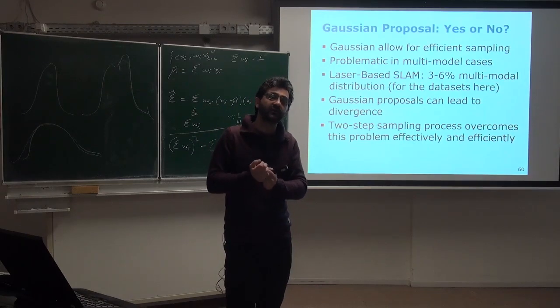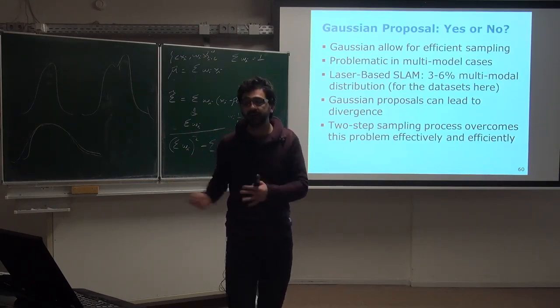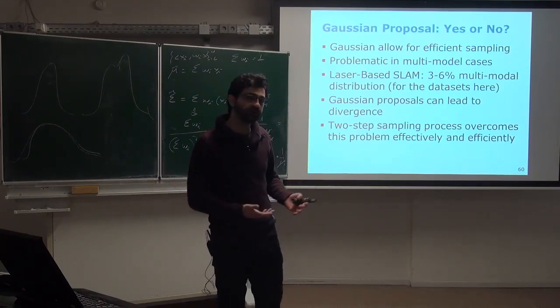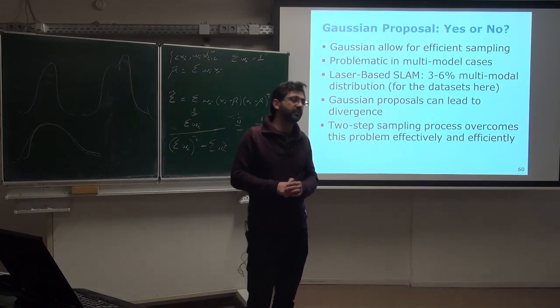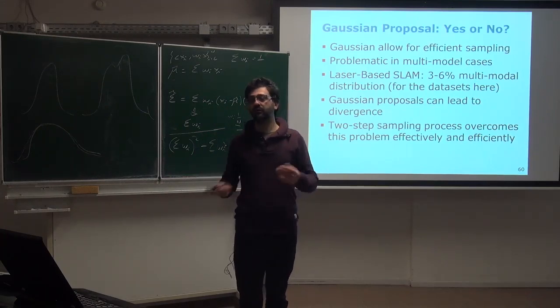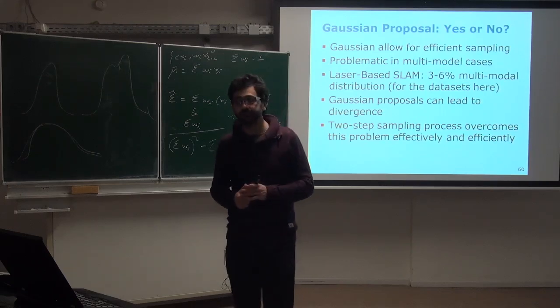Not because you don't have an easy sampling procedure, but because you need to compute this scan matching for every particle that you need to use. On the other hand, if you only use the Gaussian distribution, you might have problems in your estimation, so you might end up with maps which are not usable.